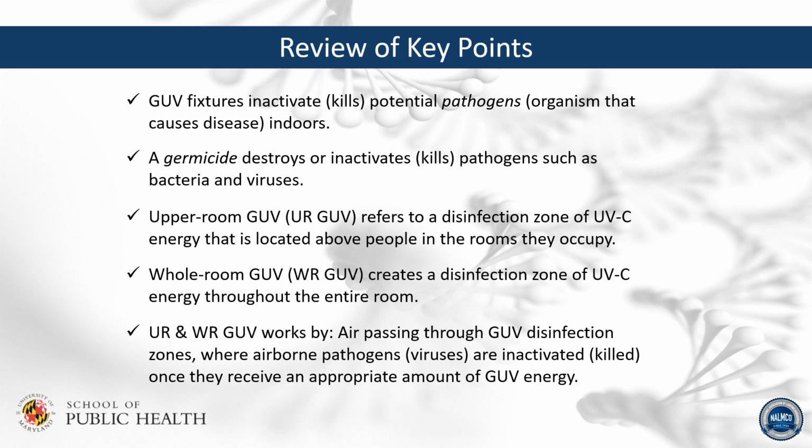Whole room GUV creates a disinfection zone of UVC energy throughout the entire room. Upper room and whole room GUV work by air passing through GUV disinfection zones, where airborne pathogens are inactivated once they receive an appropriate amount of GUV energy.